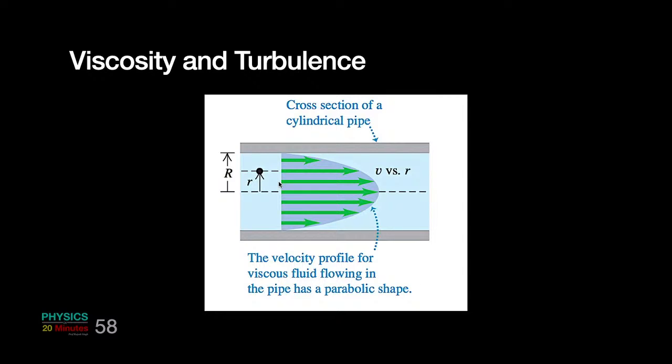Whenever a liquid flows, so far our assumption was there is no viscosity and the cross section of the flow remains uniform. But that is not actually the case. In the real world, the walls are static and the layer of the liquid that sticks to the wall also becomes static. Its velocity becomes zero, while the layer of the liquid in the middle of the pipe has the maximum velocity.